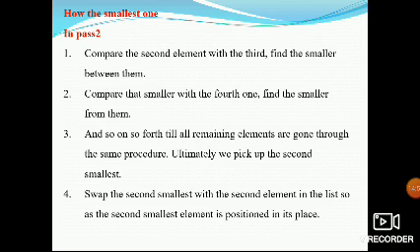Next compare the smaller with the fourth one, find the smaller from them, and so on till all remaining elements go through the same procedure. Ultimately we pick up the second smallest one. Swap the second smallest with the second element in the list, so the second smallest element is positioned in its place. So how will it be?